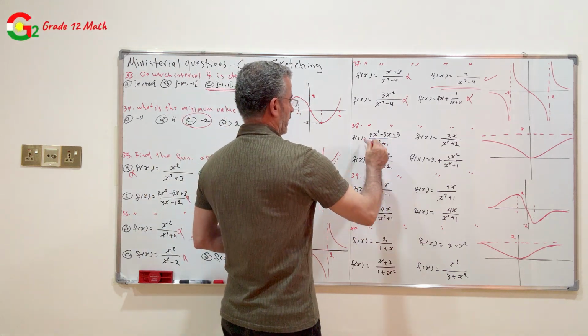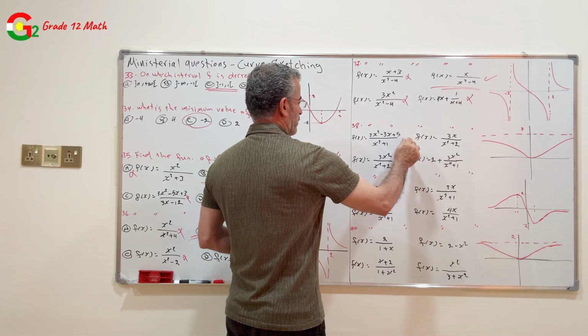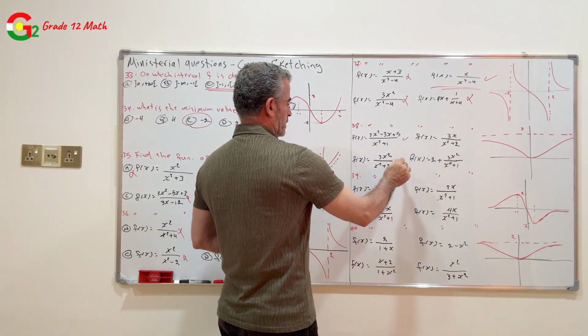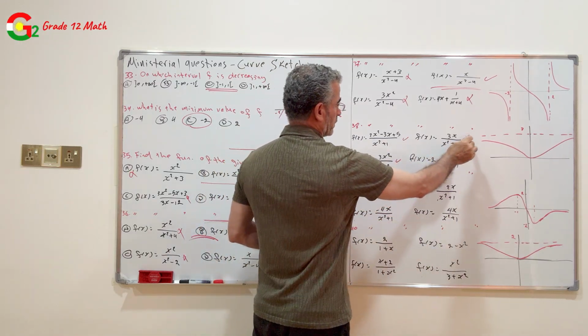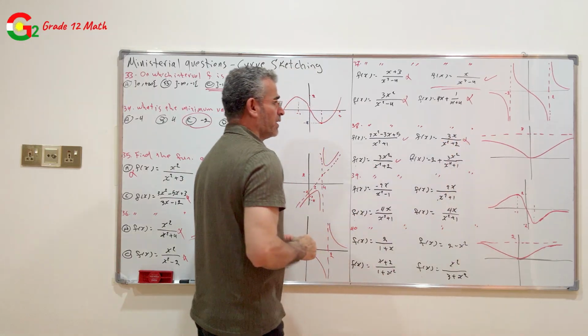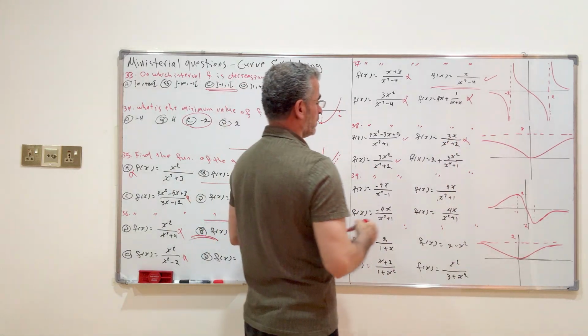Therefore, we have choice A may be true and choice C may be true, but B, the degree of the numerator is less than the degree of the denominator.